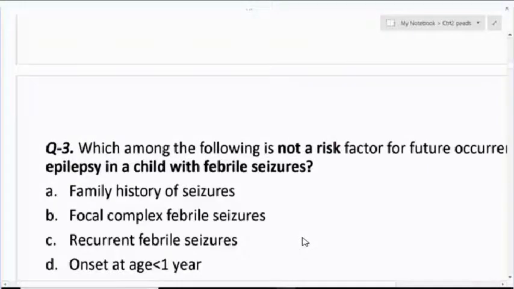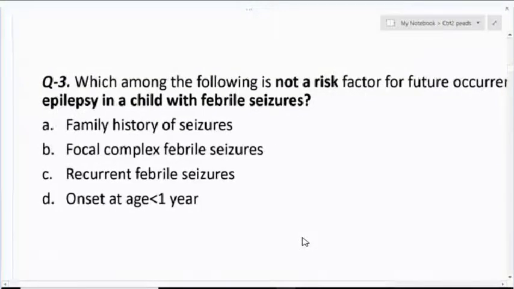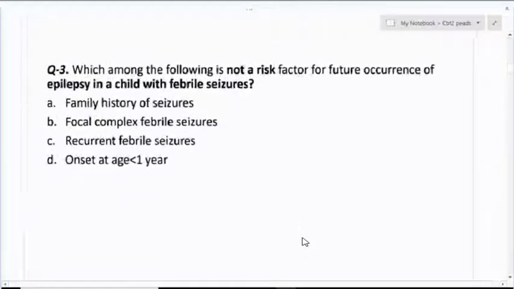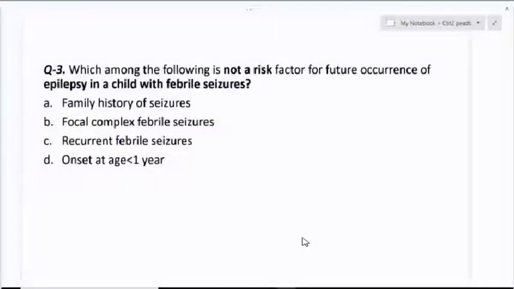Coming to the next question, which is about which of the following is not a risk factor for recurrence in febrile seizures. It's about epilepsy. This is a very common question and has been asked in All India PG before, in 2010.